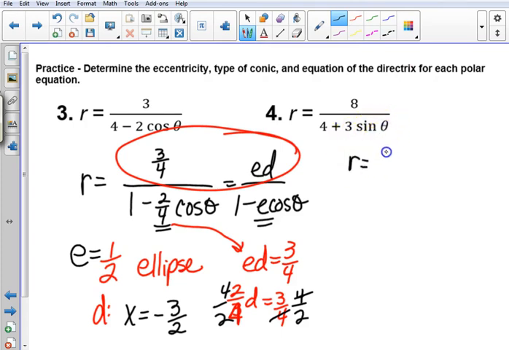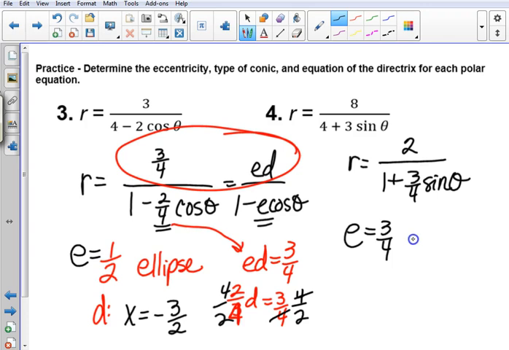R equals, what do we got to divide everything by? 4. So the top will become 2 and 3/4. Okay. Eccentricity then is 3/4, which makes it an ellipse. And it makes the top, ED was 2, and E is 3/4.